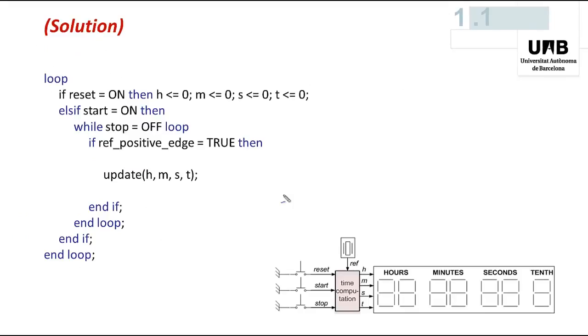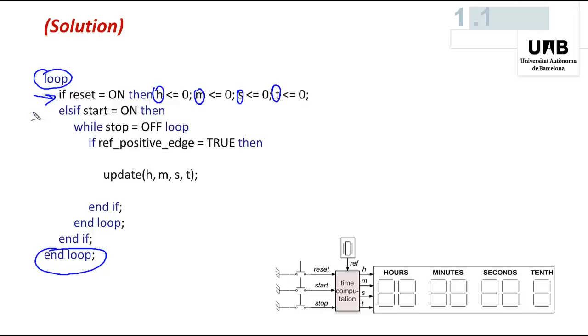Here is an example of solution. It's a continuously executed loop. Then, first rule, if signal reset is on, then H, M, S, and T must be equal to 0.